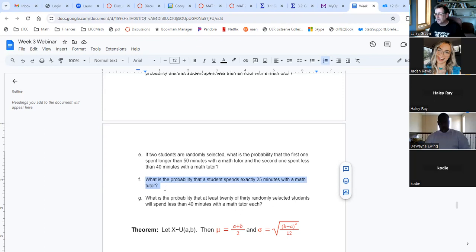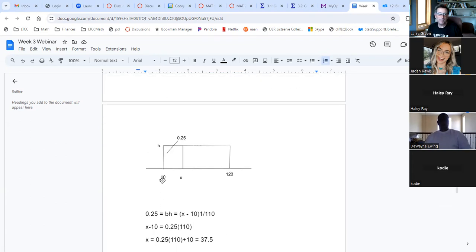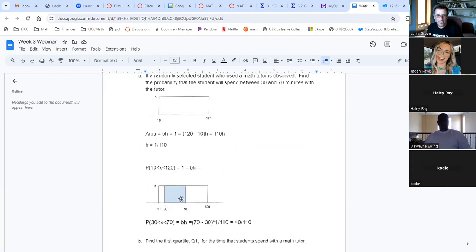And this turns out to be really important, this idea. All right, let's remember again. If you spend exactly 25 minutes with a math tutor, what's the lowest number of minutes you can spend? Right, 25 minutes. What's the highest number of minutes you can spend? Also 25. So in the picture, where this had 30 to 70, now we're going to have 25 to 25.